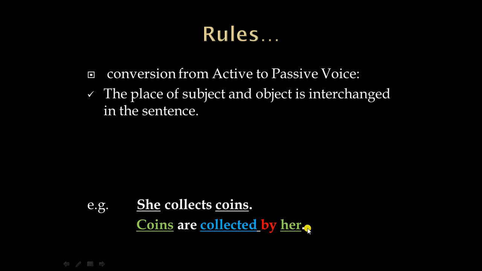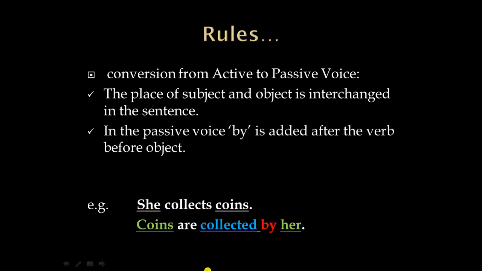How? The first change you might have noticed is that the places of subject and object are interchanged in the sentence. It means that coins, which was the object in the active voice, has now become the subject. And the subject of active voice has become the object in passive voice, like she has become her. So they are interchanged here in the sentence.